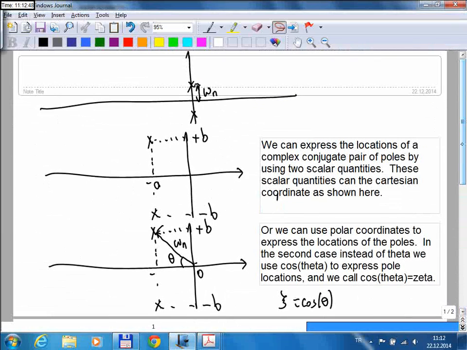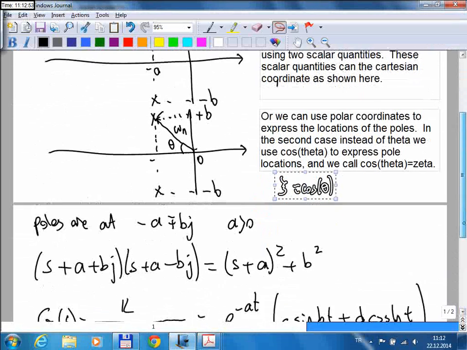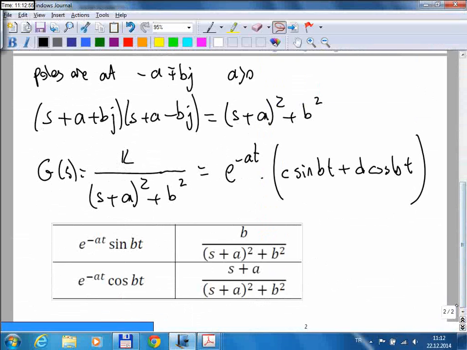Okay, now let's see what we get if we use the polar coordinates for expressing the pole locations. If we use the polar coordinates, then this is what we have.